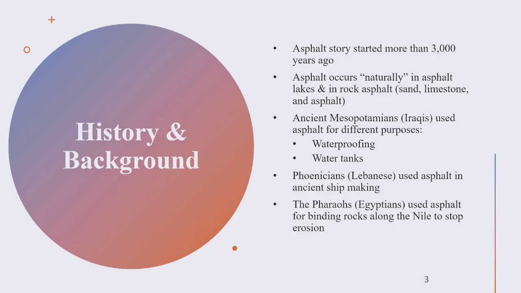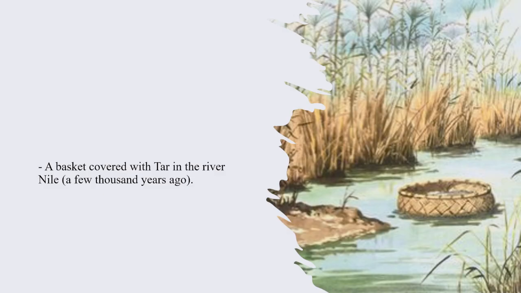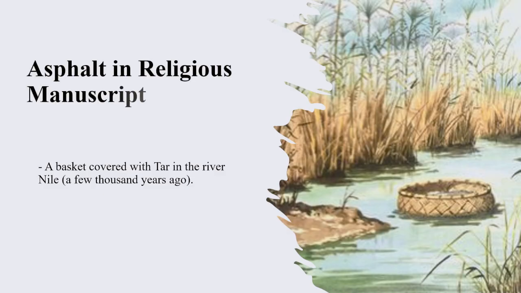Then the Egyptians used the asphalt as a rock binding agent to prevent scour when the flood comes from Ethiopia or Lake Victoria or Uganda up north.